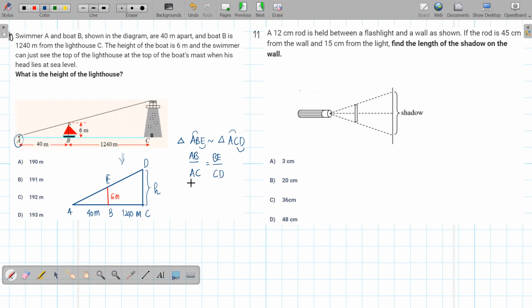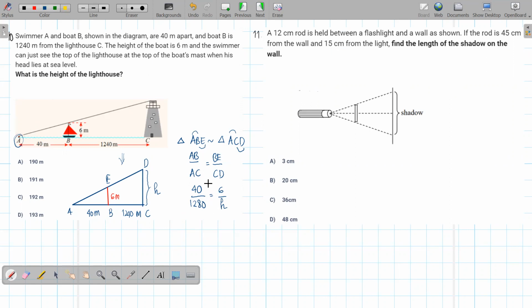AB is 40 over AC, which is AB plus BC, so 1240 plus 40, which is 1280, equals BE, which is 6 meters, over CD, which is what we are going to find, the height of the lighthouse.